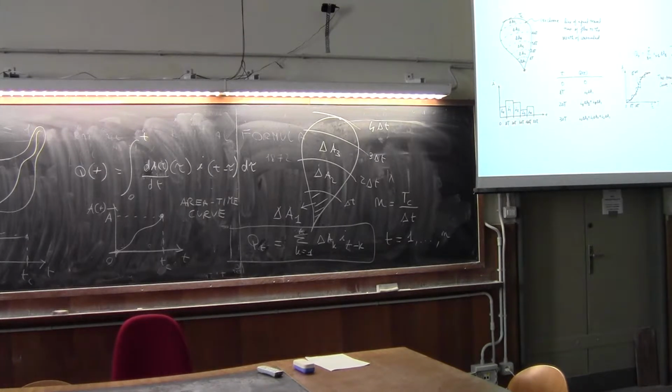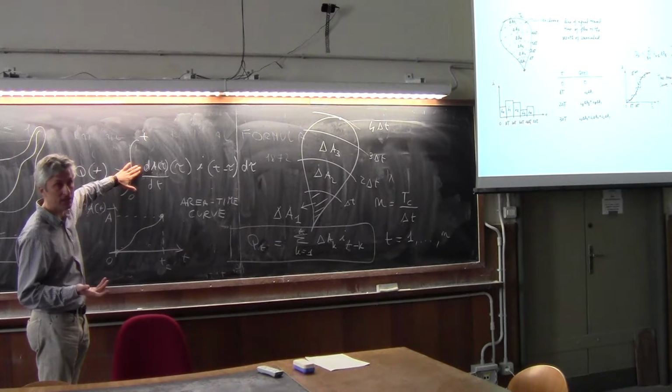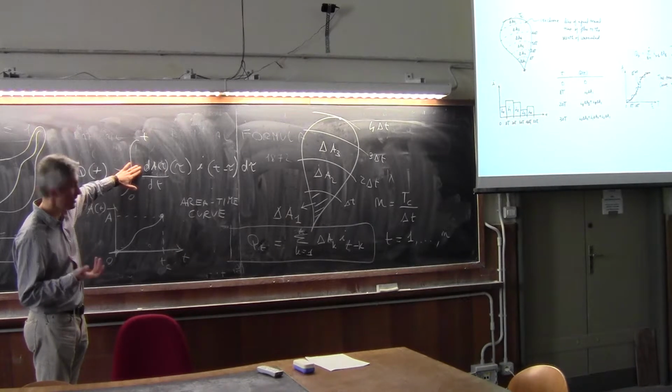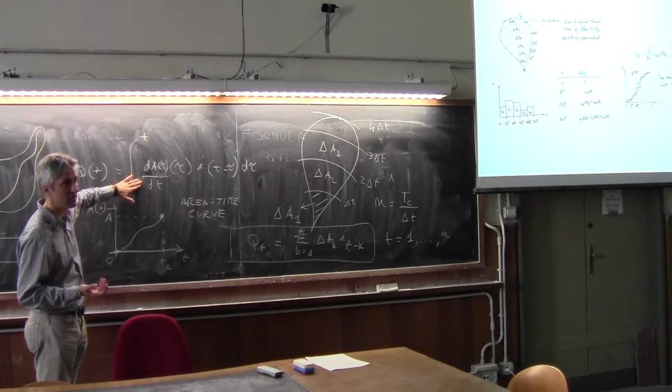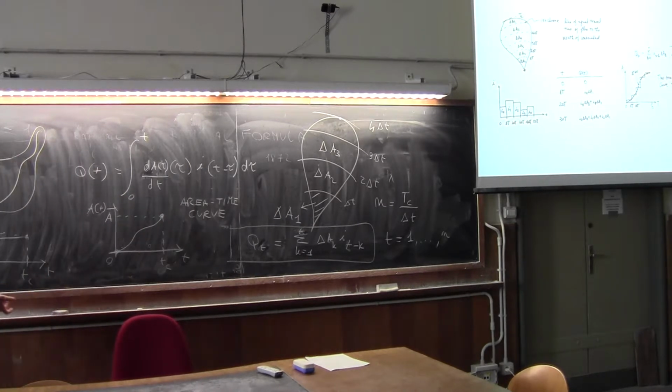It's very simple because, you know, I am interested in this derivative. To apply the model, I need the value of this derivative: the derivative of the area time curve versus time. And if the area time curve is linear, then the derivative is constant over time and takes the value of the slope of this linear curve.